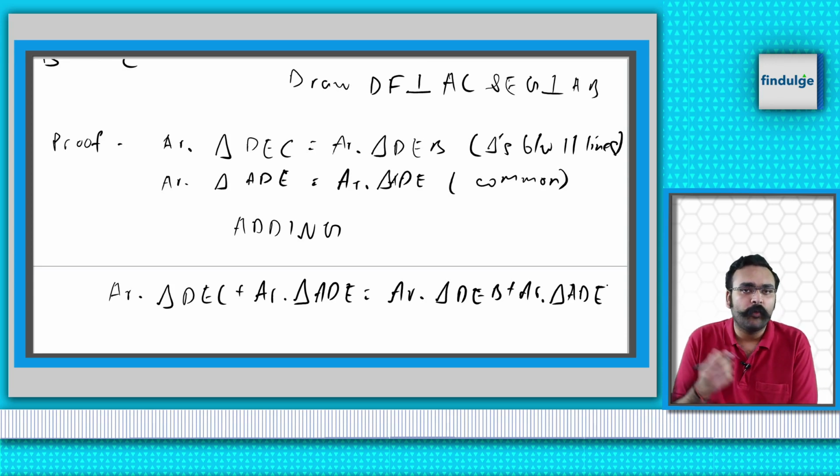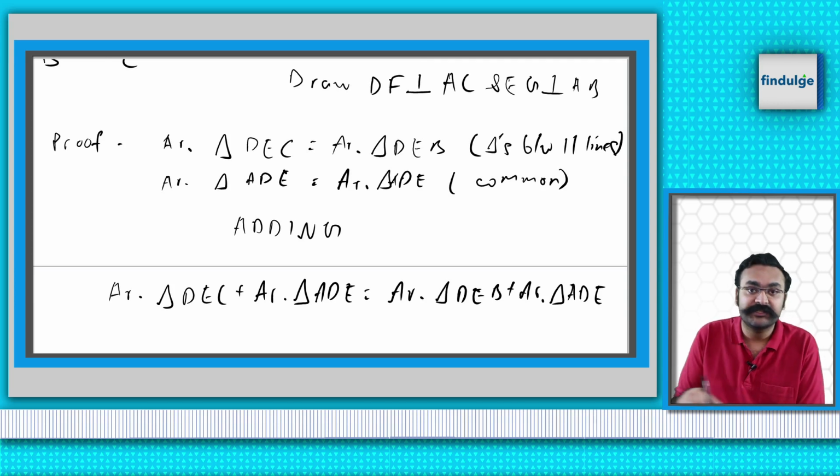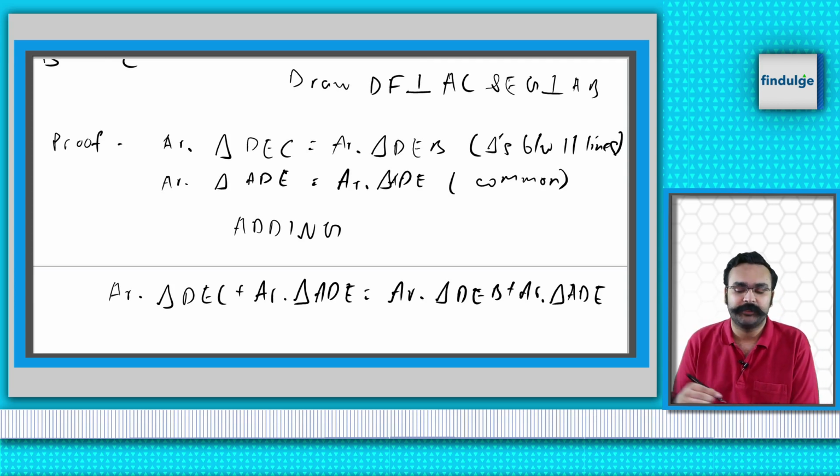Now you might be thinking, why are we doing this? What is the purpose of doing something like this? That will become clear when we write out the areas of these triangles using half base into height.